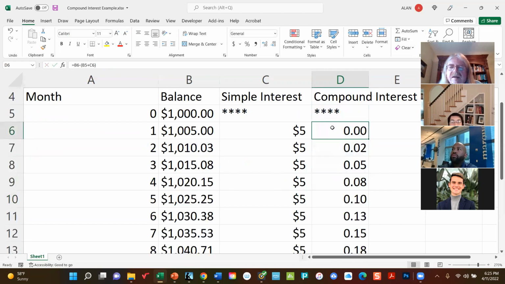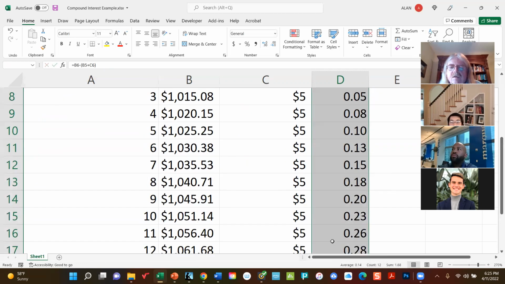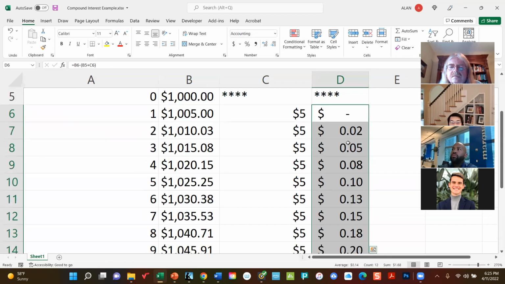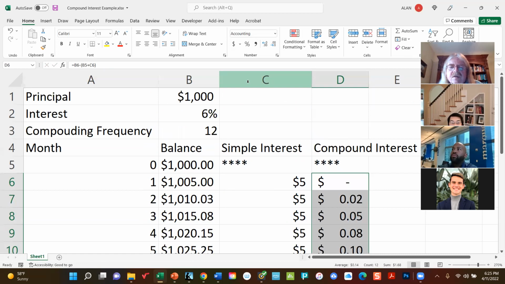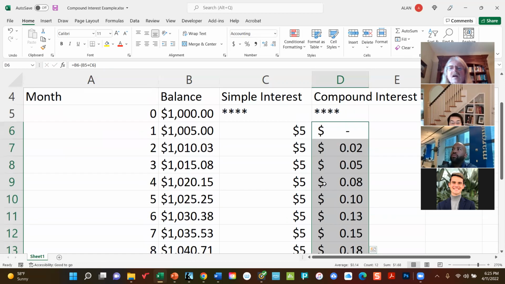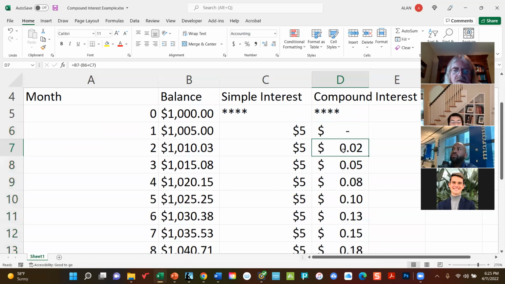Yeah, this is the compound interest. All right, anyway, so the bottom line here is that each month we're getting $5 worth of simple interest, of which now the next month we get that extra 2 cents in there.